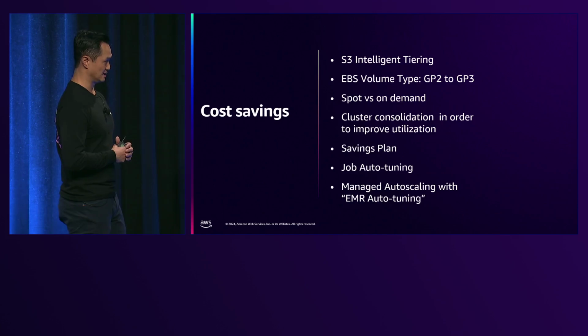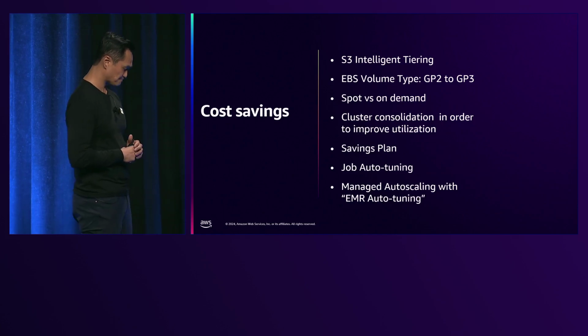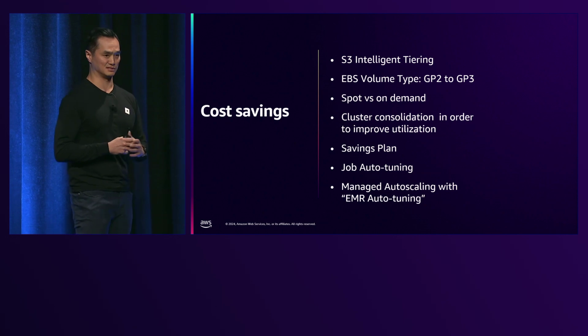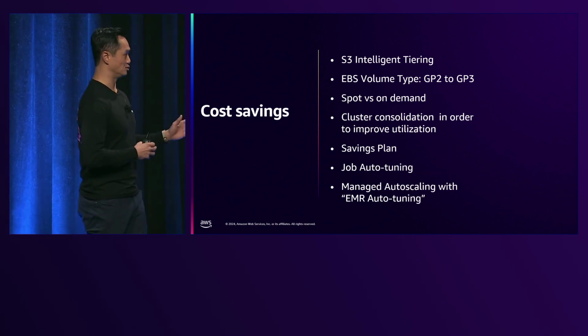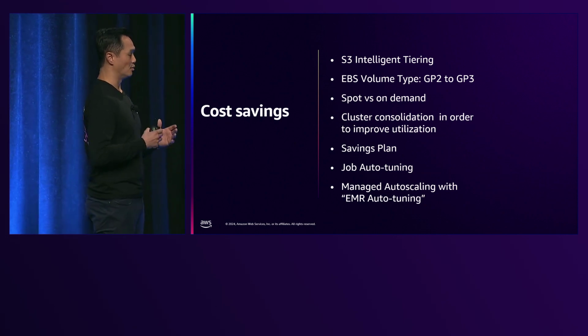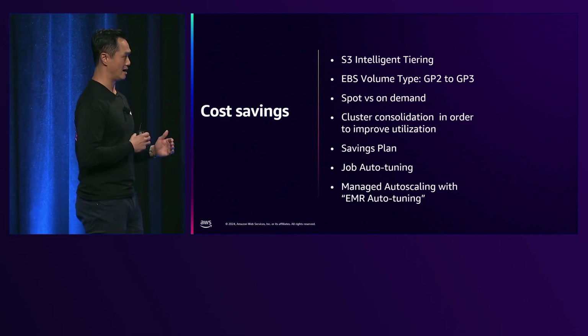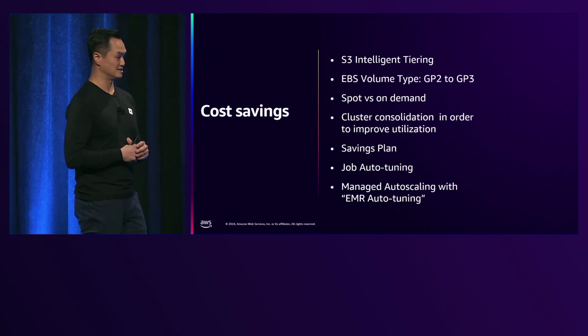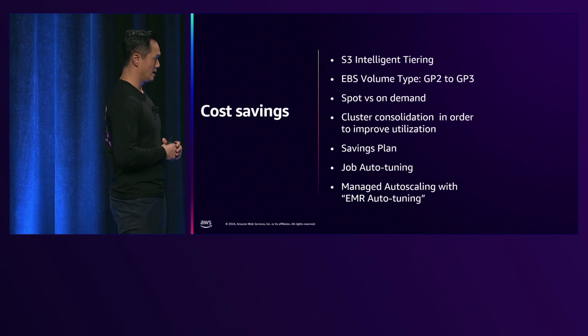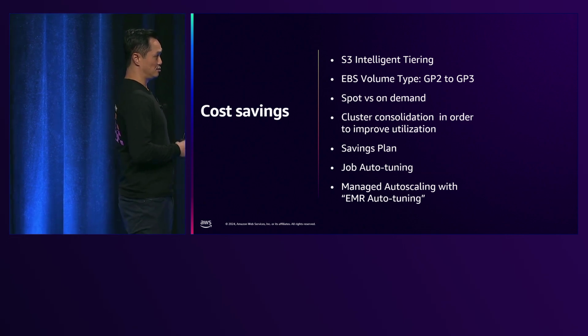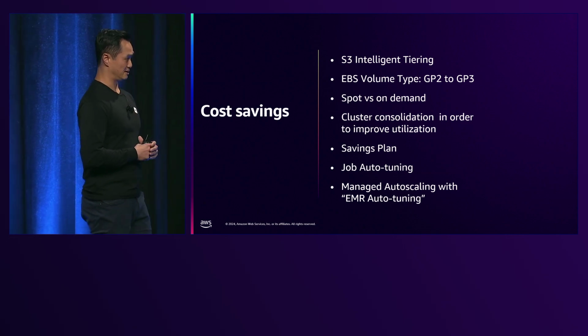The last two things that I think are pretty interesting, which we do in-house, are job auto-tuning, since we have tens of thousands of pipelines and it's impossible to tune all of them by hand, so we auto-tune to make sure that no resources are being wasted. And the last thing is that we started to use managed auto-scaling, like Matt talked about earlier.